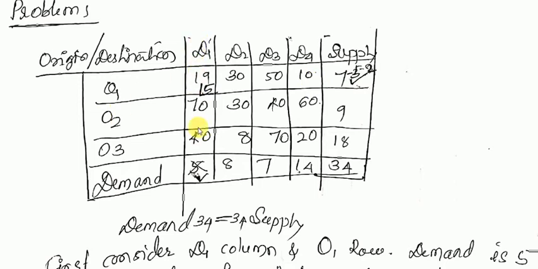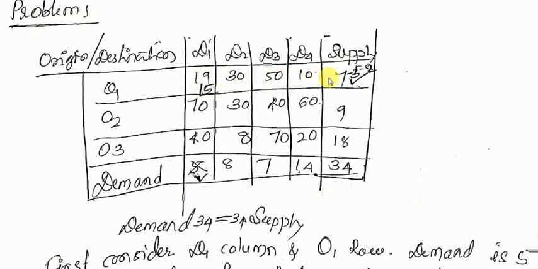For the first column and first row, 5 is the demand and 7 is the supply. After comparison, which is least? Of 5 and 7, 5 is least. This 5 is allocated for the 19, the northwest element in the first row, first column.